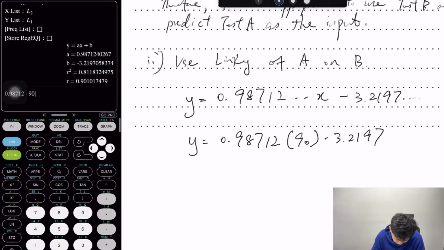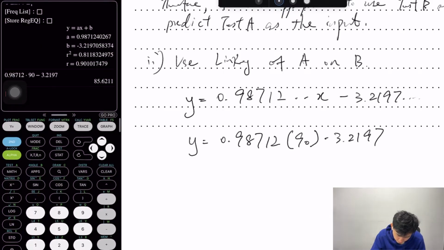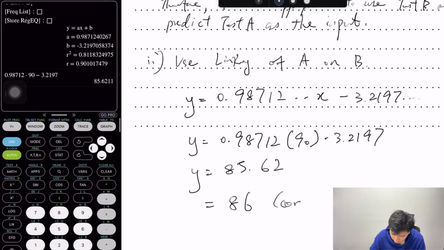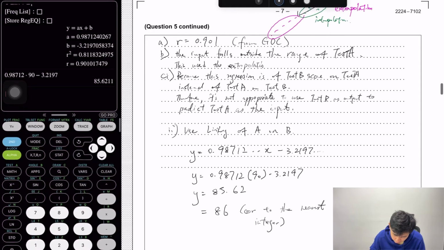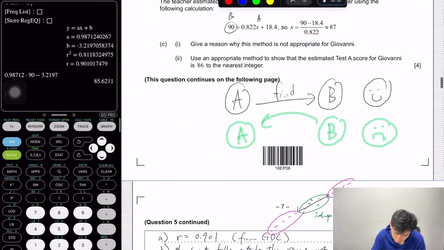That's going to be 85.62, which is 86 when corrected to the nearest integer. So we show that actually that's an 86. All right, makes sense, right? Then we can move on a little bit.